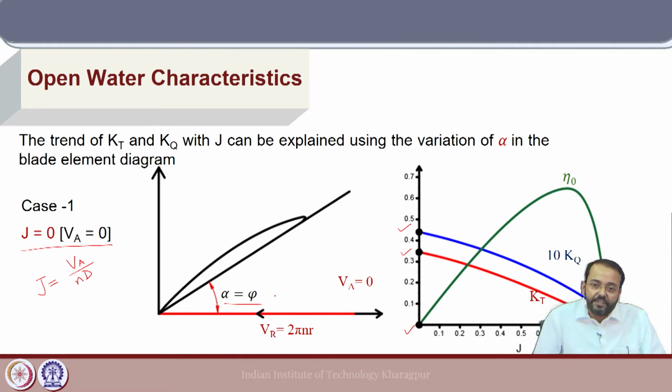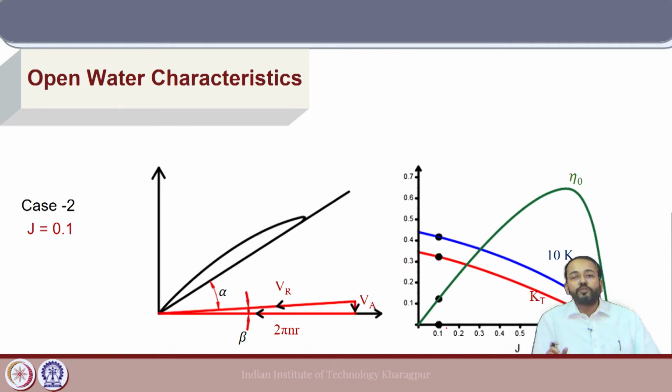Now, let us try to advance towards the other conditions and gradually increase the value of J and see how the diagram changes, both the blade element diagram as well as the point on the open water diagram. Now, case 2, if we take a value of J as 0.1, what happens on the open water diagram?